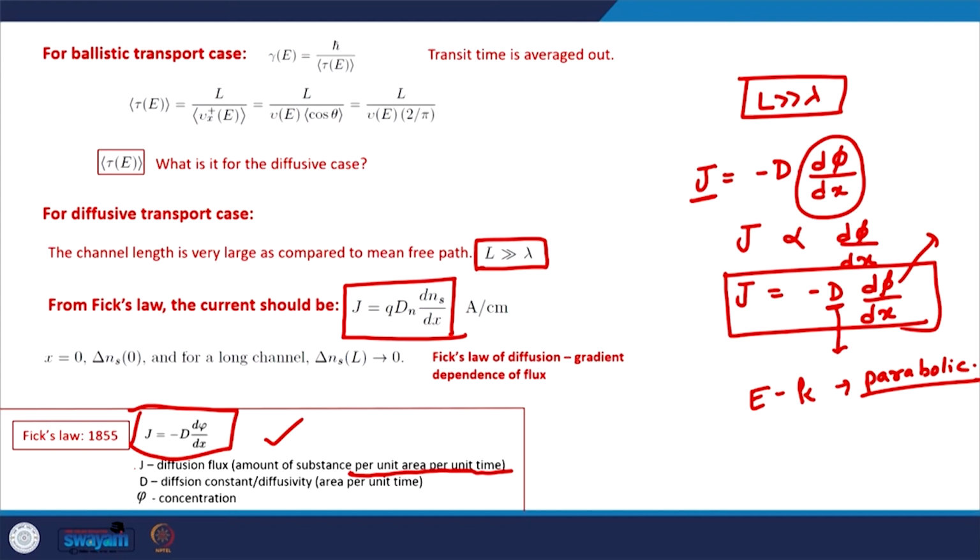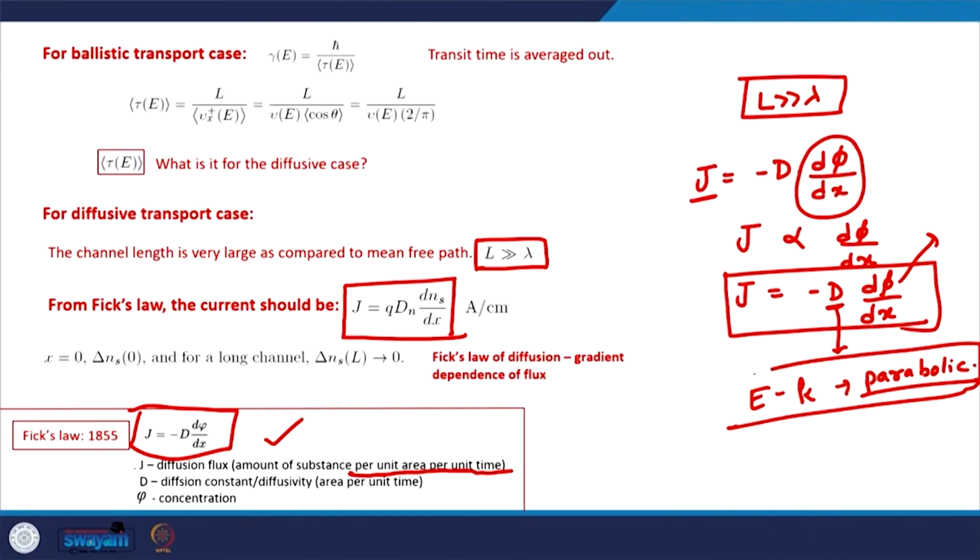There are some scenarios in which Fick's law of diffusion does not hold true, for example, when the fluid is going through a porous medium, but generally when there is no restriction in the flow, the diffusion of classical particles follows Fick's law. So, we can use Fick's law for electrons as well, when the electrons can be treated as classical particles of mass equal to effective mass.